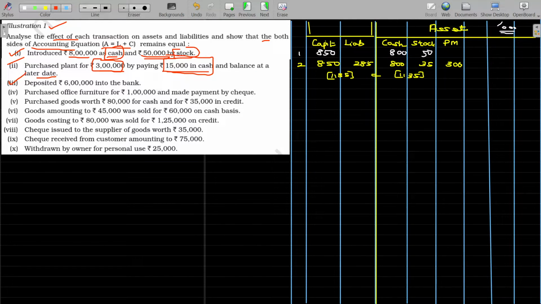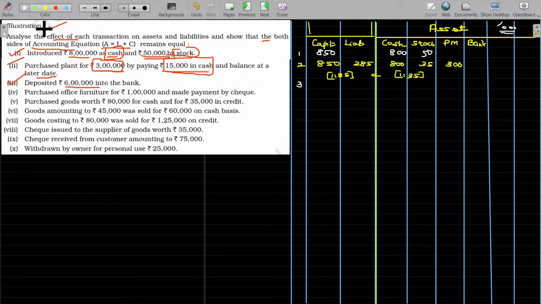Let's go for the third transaction. As per the third transaction, deposited 6 lakhs into the bank. So now I deposited 600,000 rupees in the bank, means a new account comes, a new asset comes, which is nothing but the bank. So I open the bank account here, one extra column for bank.